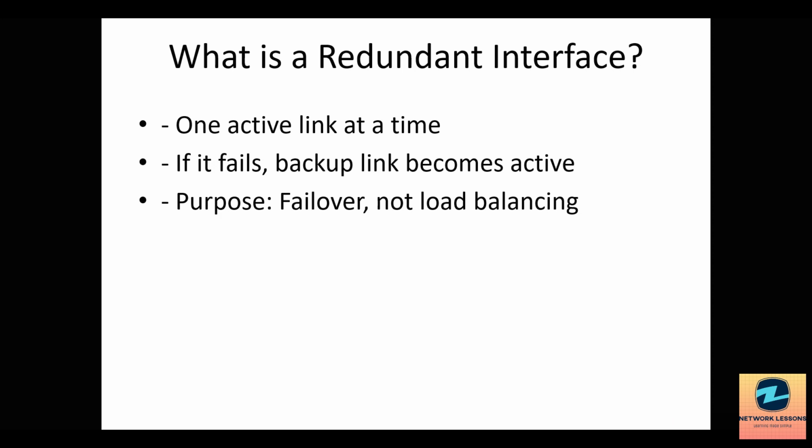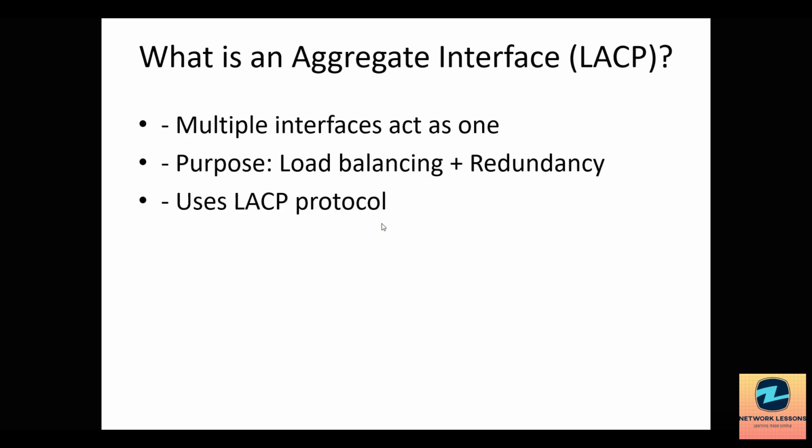Their only purpose is failover and not load balancing, while the aggregate interface has multiple interfaces that act as one, and all the interfaces which are part of the aggregate interface actively participate in data forwarding. The purpose of this kind of setup is load balancing plus redundancy.